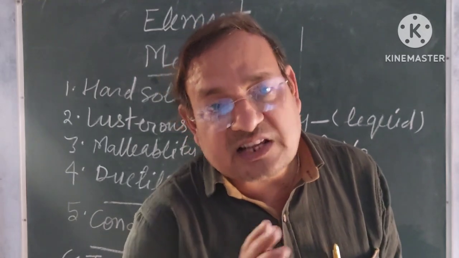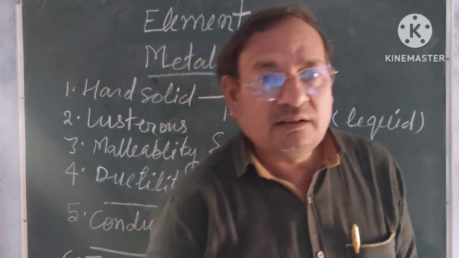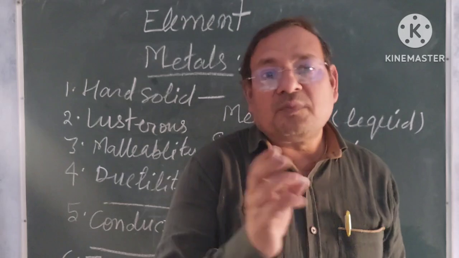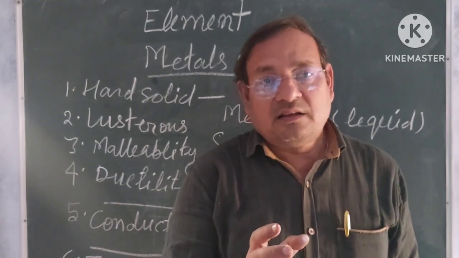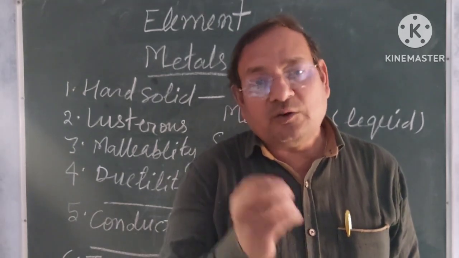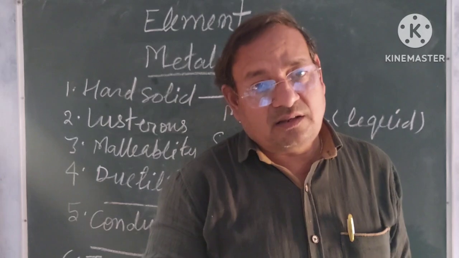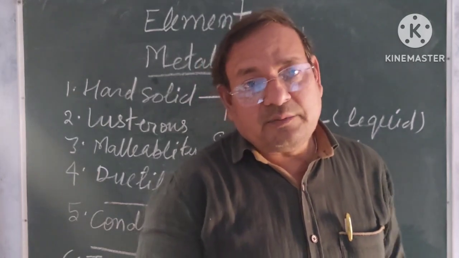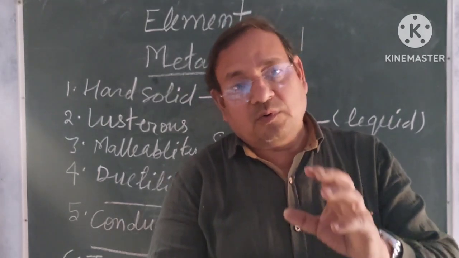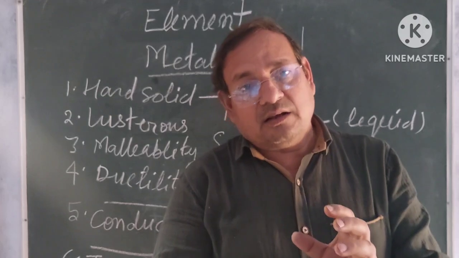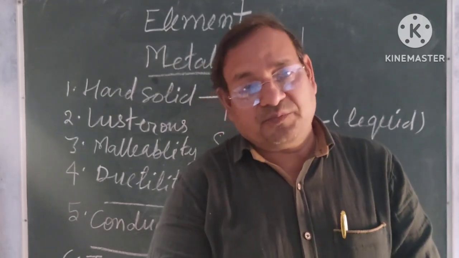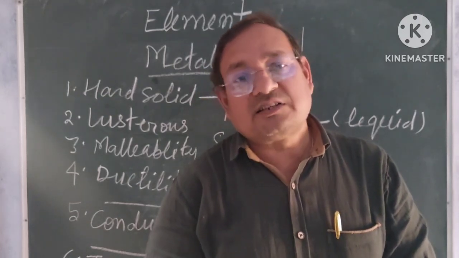Density of a substance tells us how much mass of the substance is contained in the unit volume of that substance. Understand? It means in unit volume of any substance, how much mass there is. This is known as density.